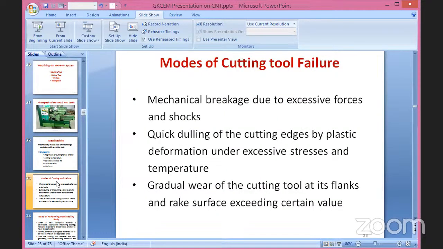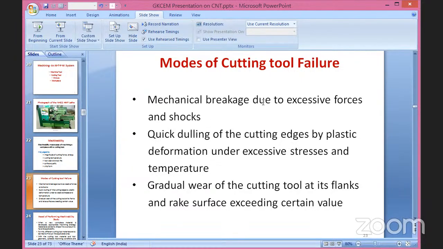You should also know, whenever we are using cutting tools, they are wearing out. At the end of excessive wearing, normally failure happens. But there are three basic modes of cutting tool failure, and that is very important. Whenever you are judging machinability, you also judge the cutting tool life and cutting tool wear. So these three are the basic characteristics of cutting tool failure. What are they?